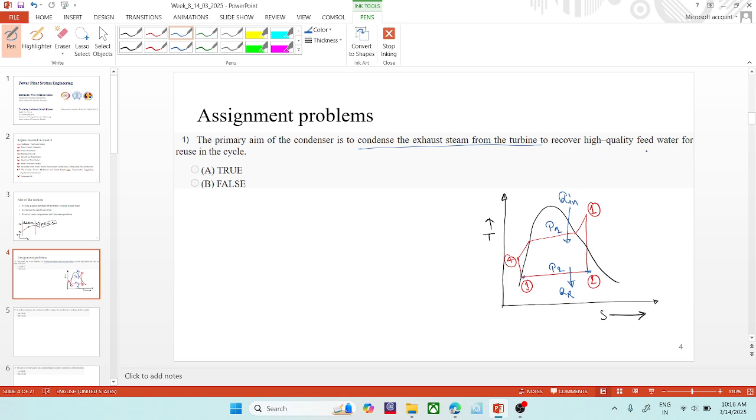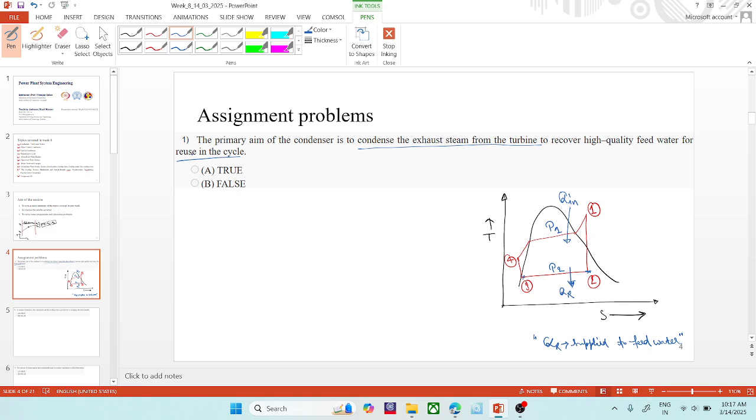To recover the high quality feed water for reuse in the cycle, this heat rejected, QR, from the condenser is supplied to the feed water for reuse in the cycle.